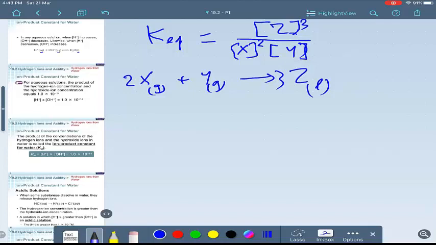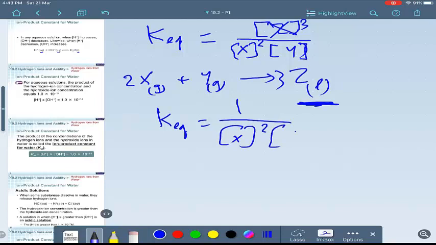It's like this. No, something is wrong here. Why? Because one of the compounds, here, is a liquid, not a gas. So you cannot write this. So the correct answer is K equilibrium equals 1 over X squared concentration times Y concentration, like this.